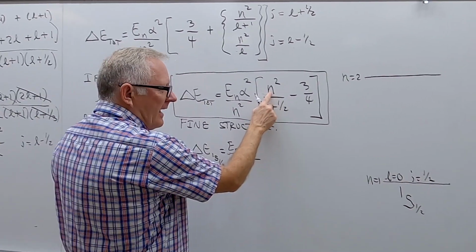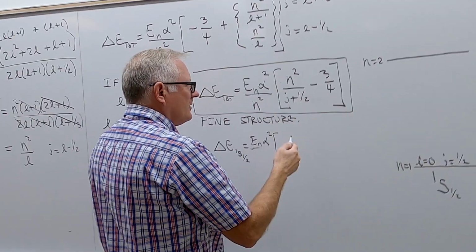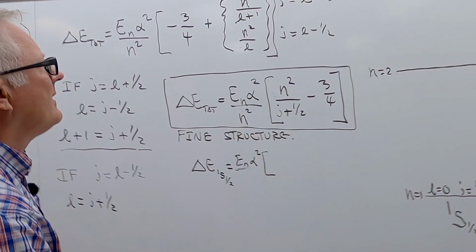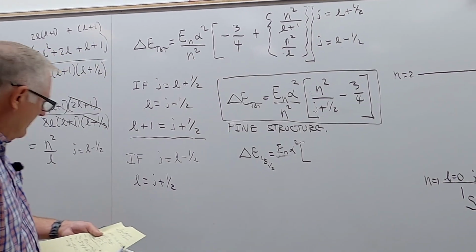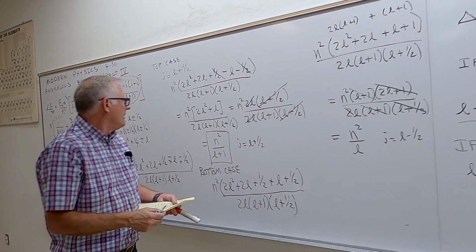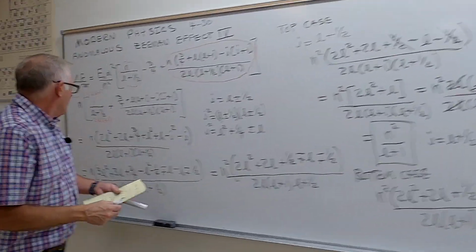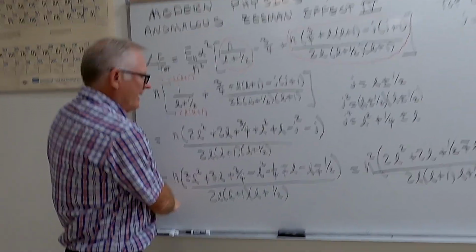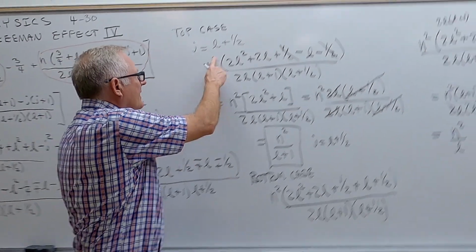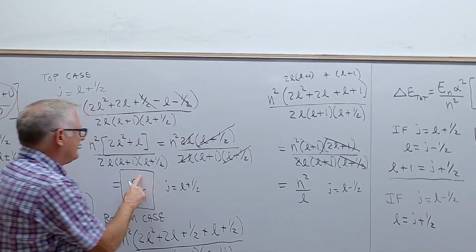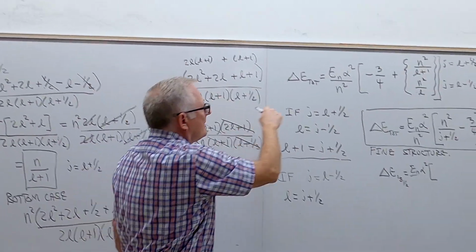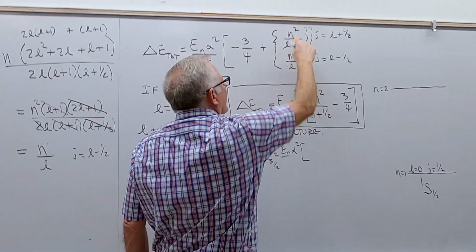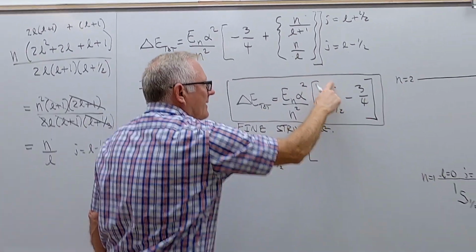Sorry, why did I say n squared? See this n right here? It was just n all the way through. We never brought any more. They're all just n's right here. So there's no n squared. So this was just n and an n right there and an n right there.